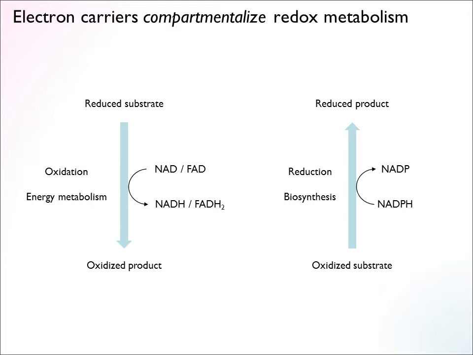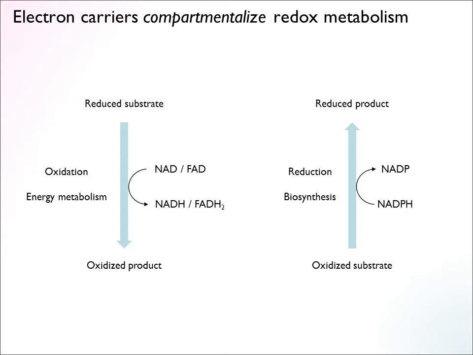When you're going in the opposite direction and a cell wants to take a substrate that is a bit oxidized and deliver electrons to it to do reduction and to do biosynthesis to reach a reduced product, maybe synthesized fat or synthesized membranes or synthesized nucleotides, then it is using a different electron carrier. It is using NADP. So NADPH, the reduced form, is converted to NADP, and this power is used for reduction.